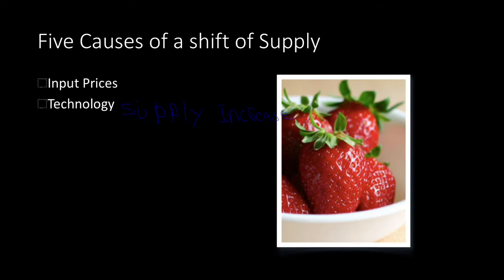So, unlike other factors, technology really isn't ever going to cause a decrease of supply. If you adopt a new technology, it's not like you're going to be less productive than before.